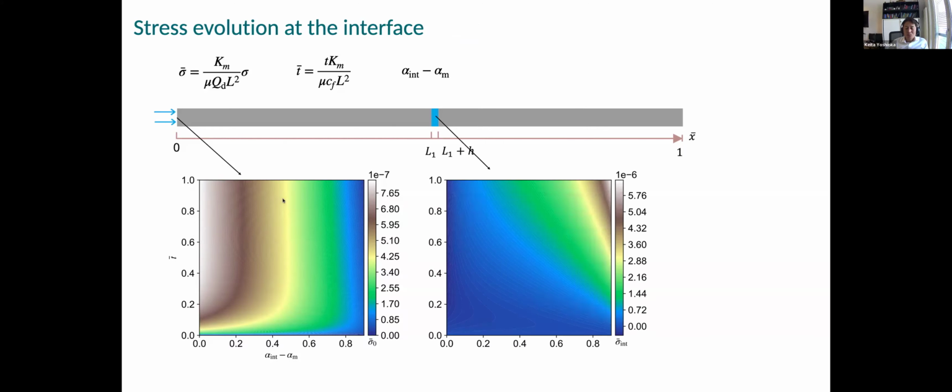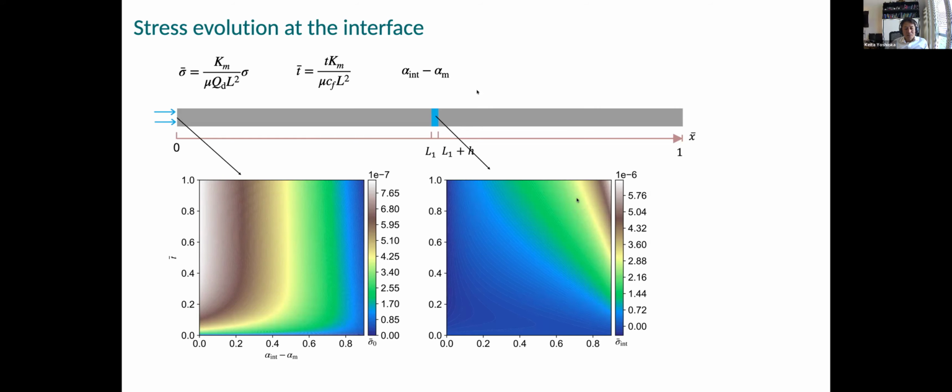We did the same thing at the weak interface. At the weak interface, for most of the cases, tensile stress is very small. This blue region, tensile stress is very small. But if we increase the difference in the Biot coefficient, then tensile stress becomes bigger.